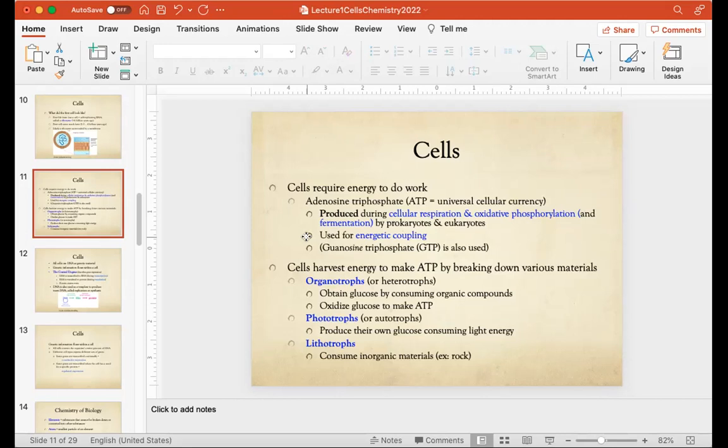I have 3 different categories here, 3 terms that represent 3 different types of organisms based upon the molecules that they break down in order to make ATP, in order to do cellular respiration, in order to do fermentation.